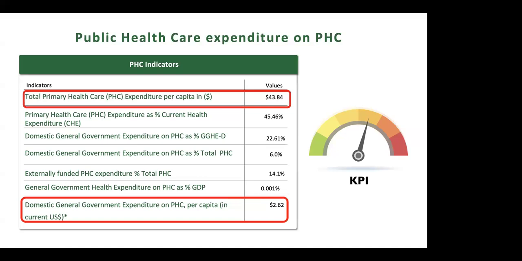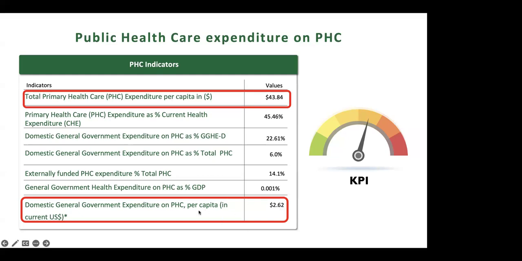In terms of primary healthcare expenditure, we spent $4.43 per capita in primary healthcare. Out of the almost 100 I told you we're spending per capita on health, the money that came from government as domestic resources is only $2.6 per capita.